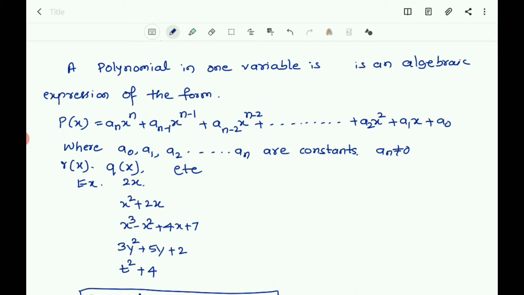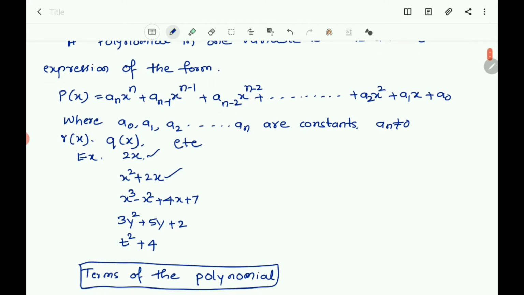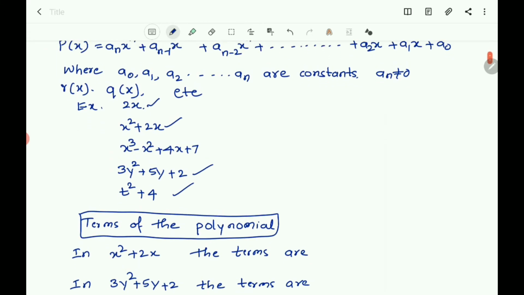Now take the examples of polynomials: 2x, that is a polynomial of the first degree, and x square plus 2x, x cube minus x square plus 4x plus 7, 3y square plus 5y plus 2, t square plus 4. All these are examples of polynomials. Now, terms of the polynomial.